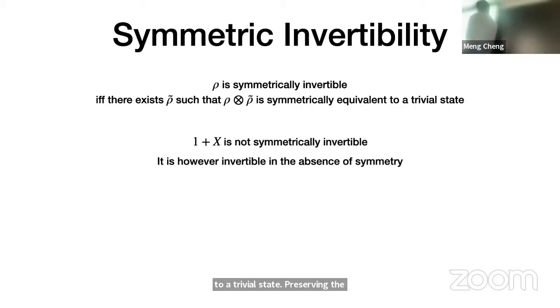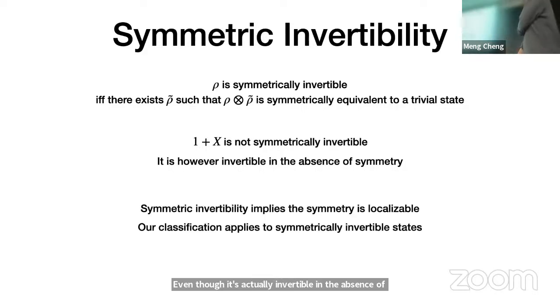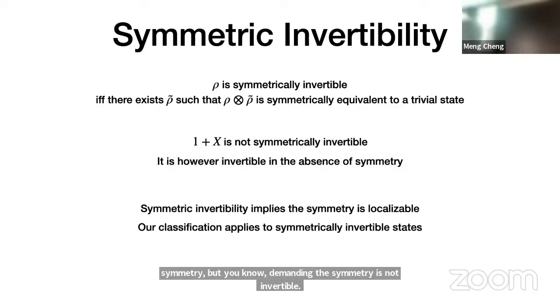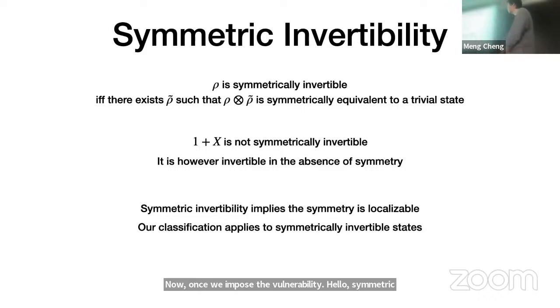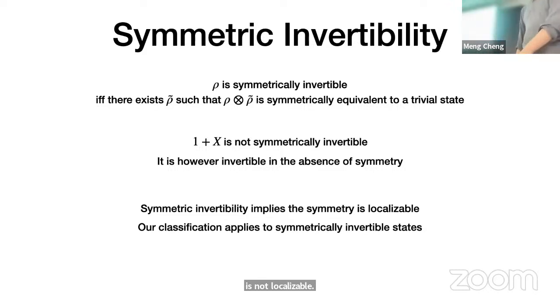We can argue that 1 plus X, the one that causes us trouble, is not symmetrically invertible, even though it's actually invertible in the absence of symmetry. But demanding the symmetry, it's not invertible. Once we impose the symmetric invertibility condition, we can argue that the symmetry is now localizable, and then we can apply this classification scheme.